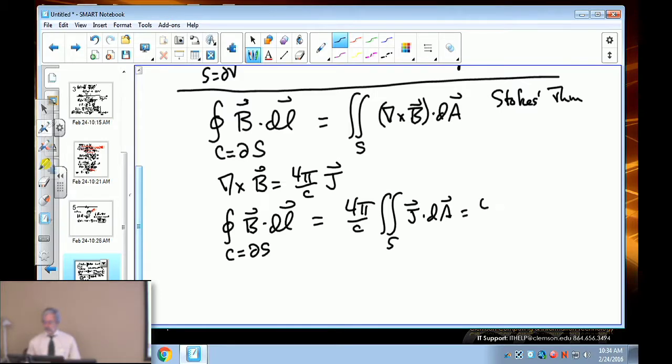So this is 4 pi over C times I enclosed. By that I mean the current that pierces the surface, the little disk. And this is Ampere's law, Ampere's circuit law.